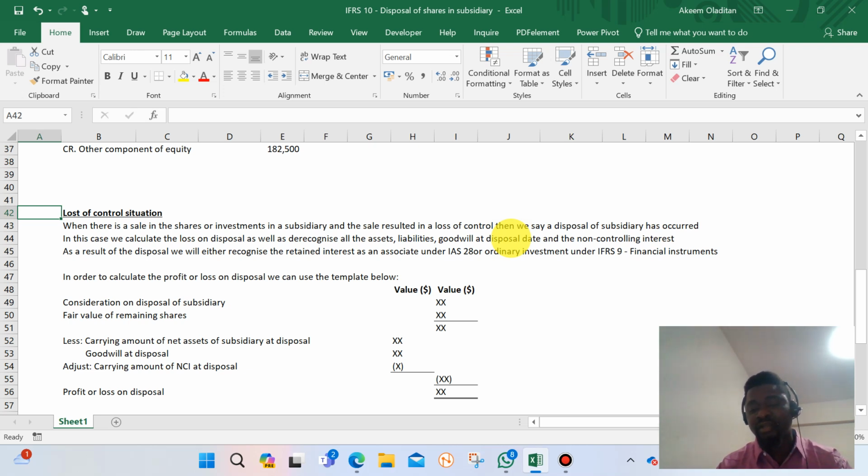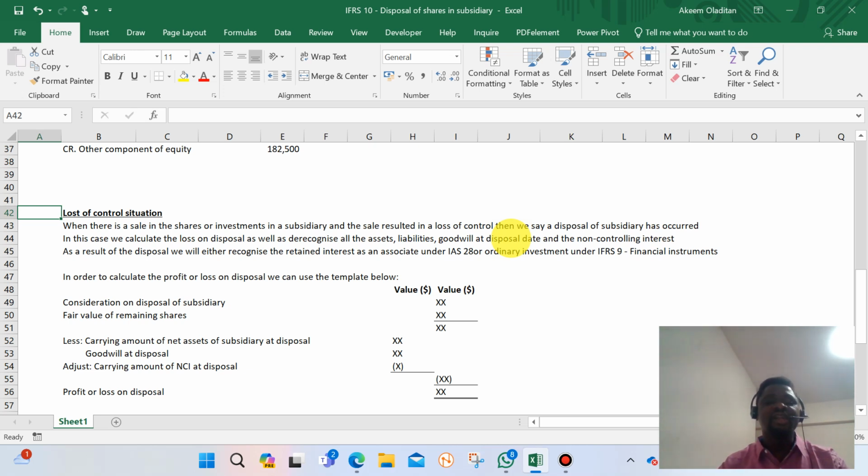Under IAS 28, when you have significant influence, which can be exhibited by say 20% and above but less than 50%, it will be treated as investment in associate under IAS 28. That is the second scenario.